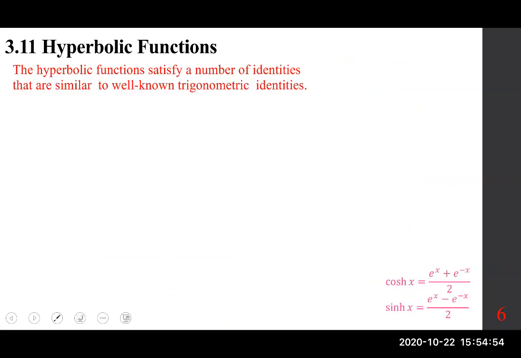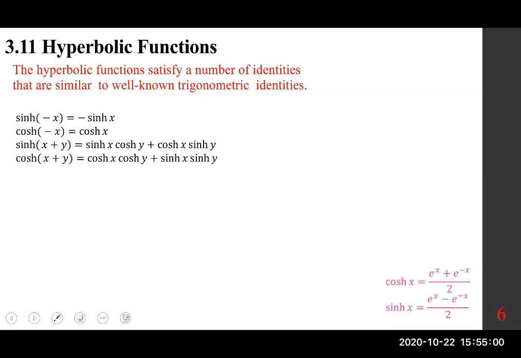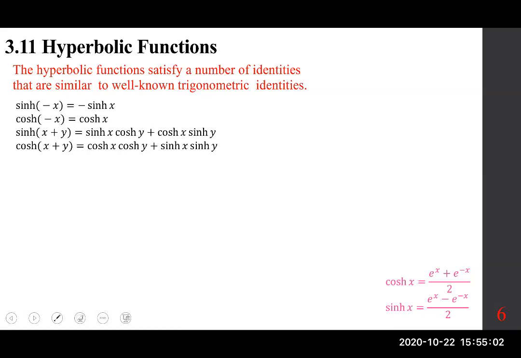So the hyperbolic functions satisfy a number of identities that are similar to trig identities. For example, I hope you remember that sine of minus x is minus sine x, and cosine of minus x is cosine x. In other words, every function was odd with the exception of cosine and secant.